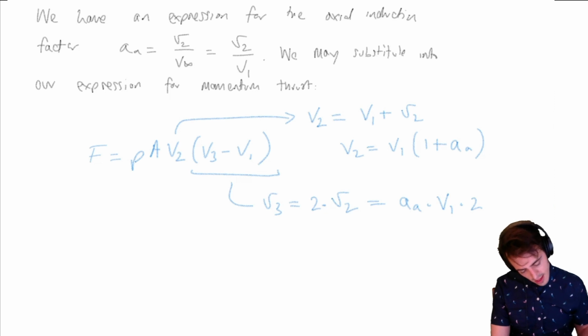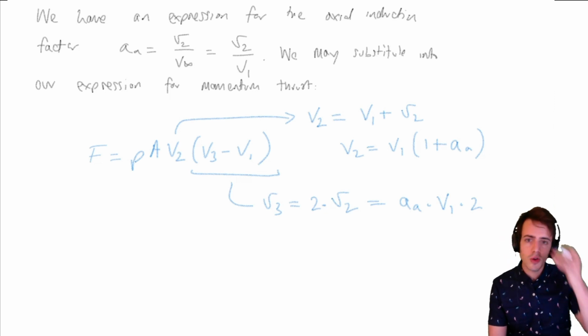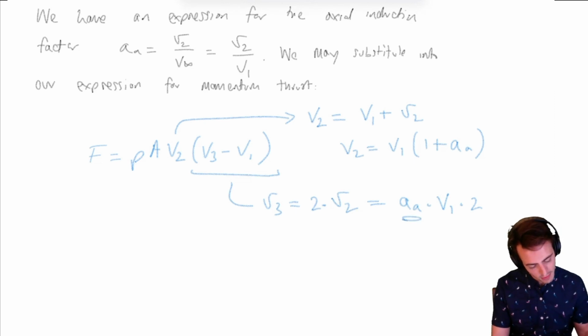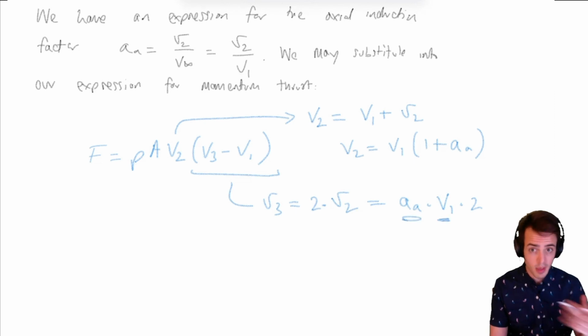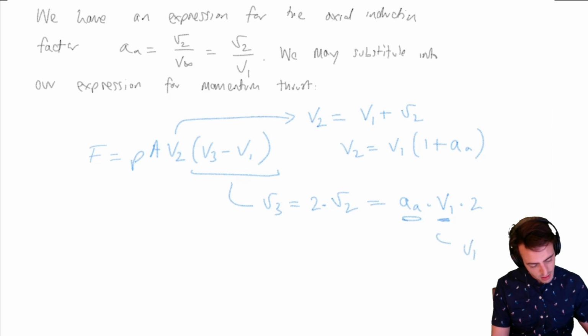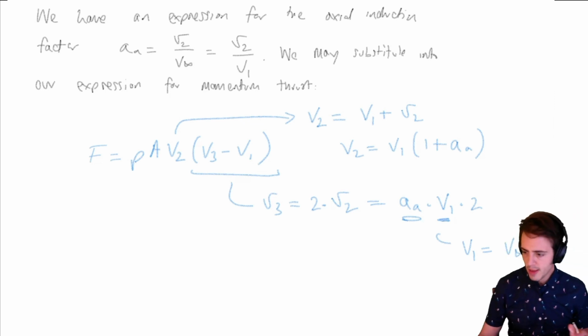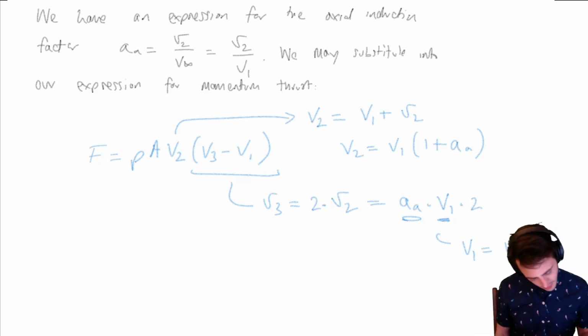So rather than having these full total velocities, we can now express these in terms of the axial induction factor and the total velocity coming in. Remember that V1, for our purposes, let's make sure that's an uppercase V1, is simply equal to our total velocity coming in. So that's the free stream velocity. So we can replace all these terms in here.